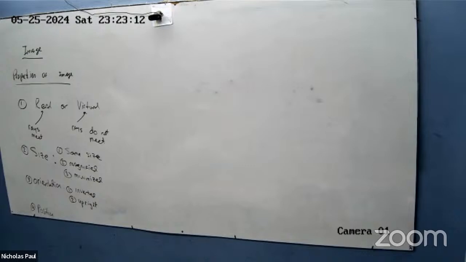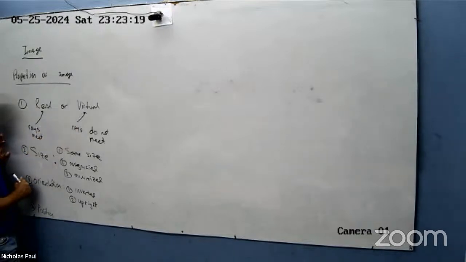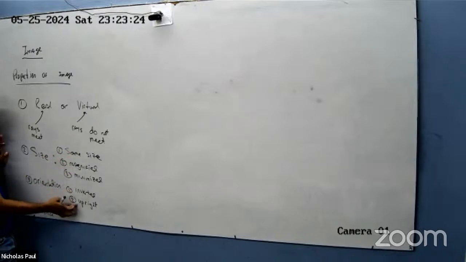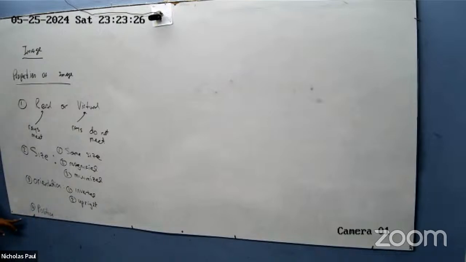Magnified, minimized. So these are the things that we need to know. Is it real or virtual? Is it the same size? Is it magnified? Is it minimized? Is it inverted or upright? And where it is, the exact position.